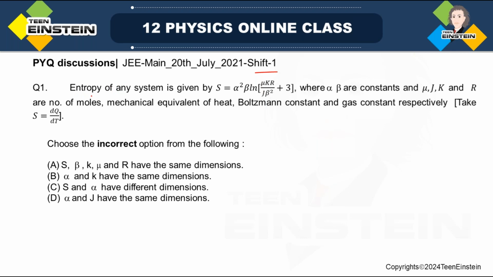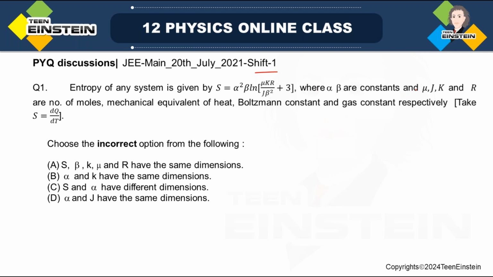This question says entropy of any system is given by S is equal to alpha square beta ln mu kr divided by j beta square plus 3. Alpha and beta are constants.